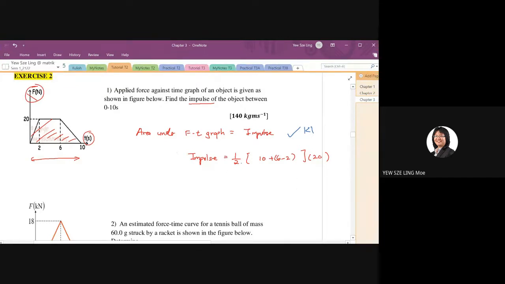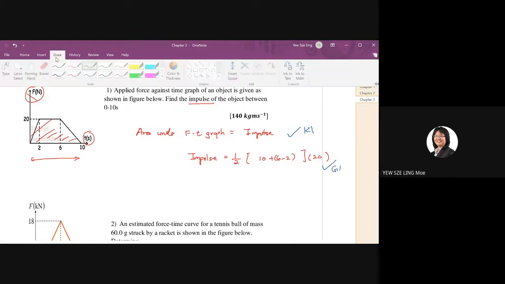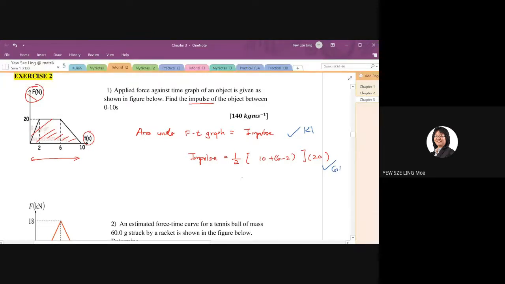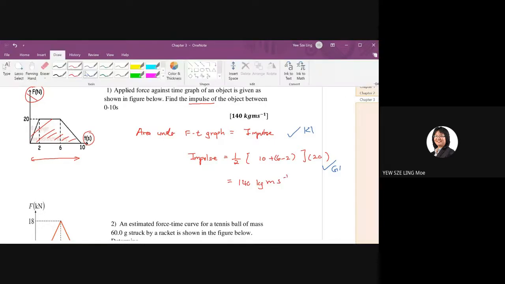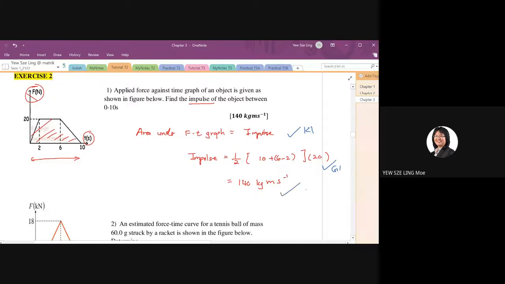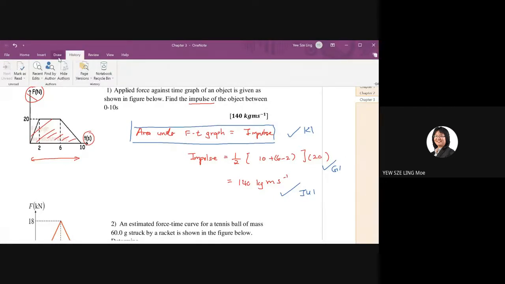Once you got this area correct, usually you will get another mark for the substitution, G1, because you know how to apply the equation. And then the final answer, 140 kg m s^-1, another 1 mark. So when it comes to graph questions, it is very important to write down this statement, because this statement itself will give you 1 mark.